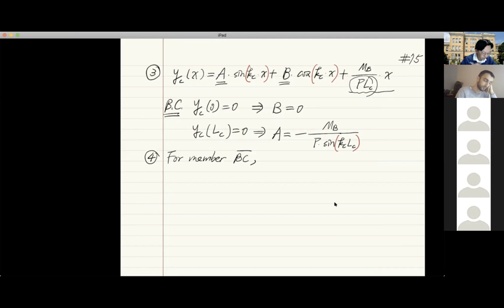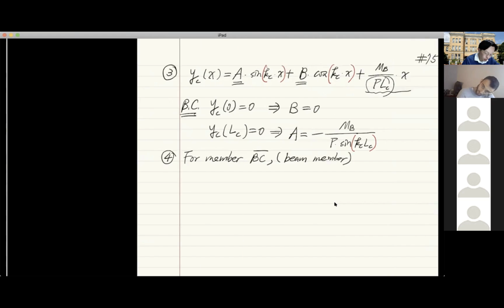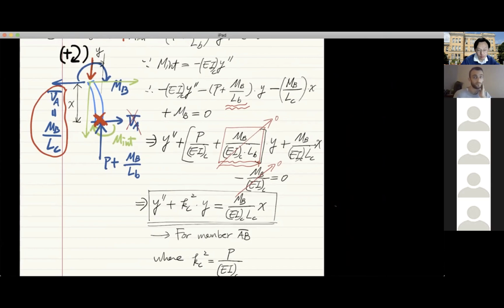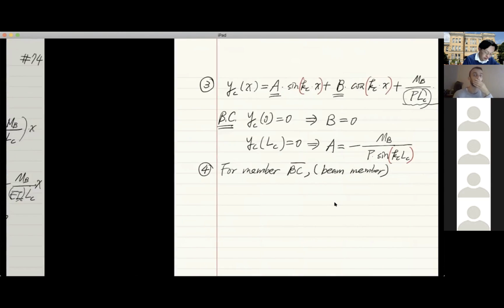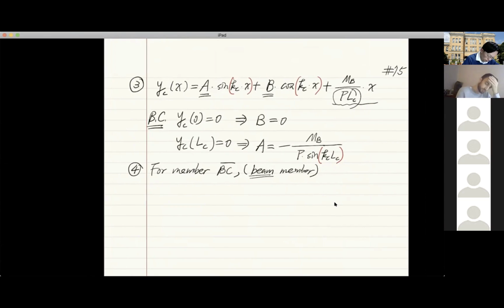For the B member, we argue that the primary action for the bending is the moment, not the axial force. The argument we used to ignore this was that it is the shear force acting on the column, but in this case we are looking at the B member. So for the B member, we're going to ignore the axial effects, that means ignoring the axial force produced by this internal moment.